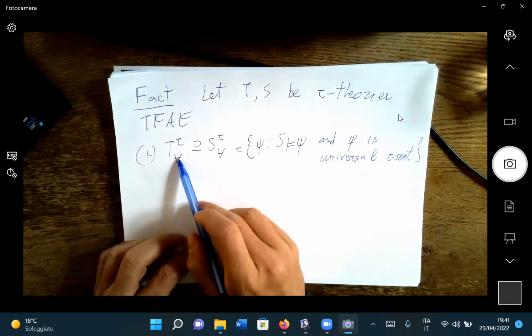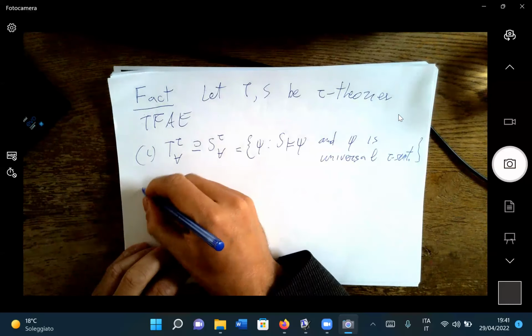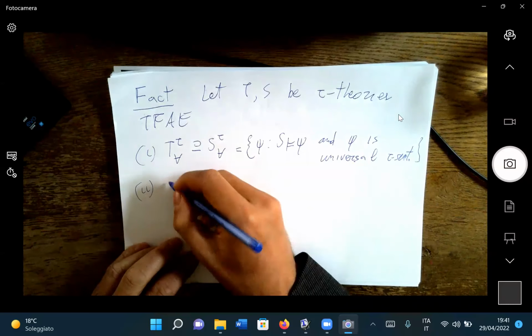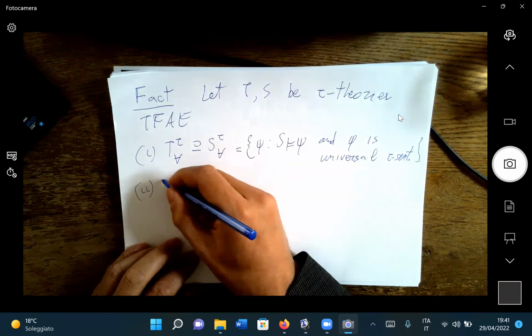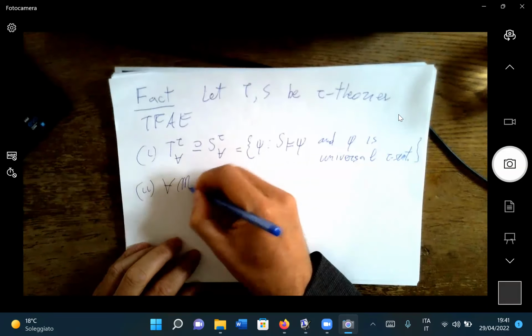And accordingly we define T tau for all. This is, let's say, the syntactic way to say this concept, and the semantic way is this one.